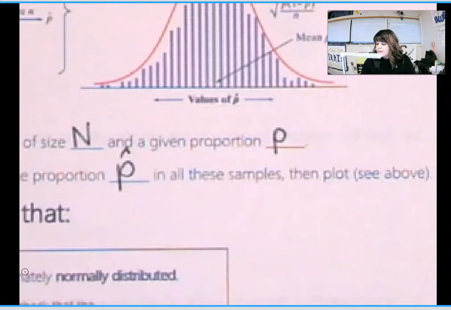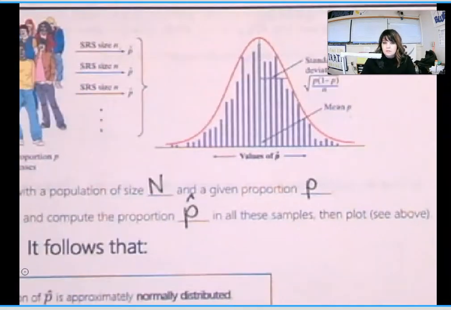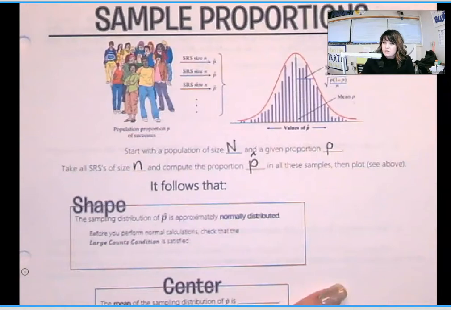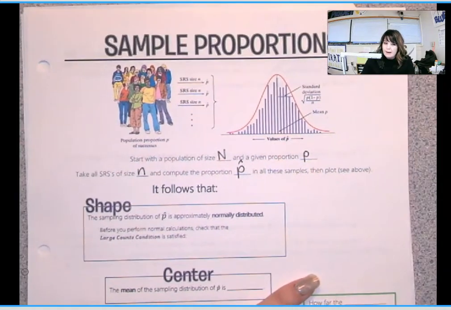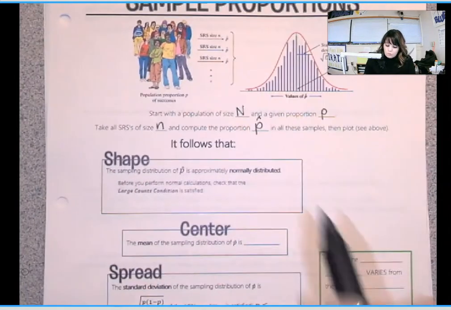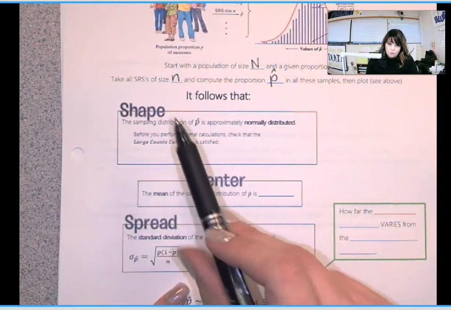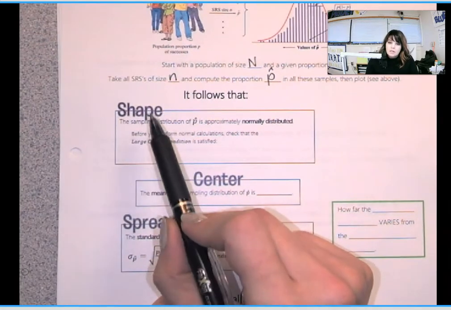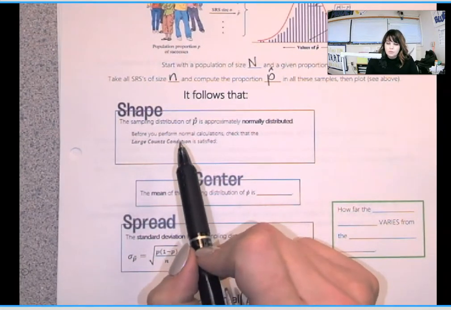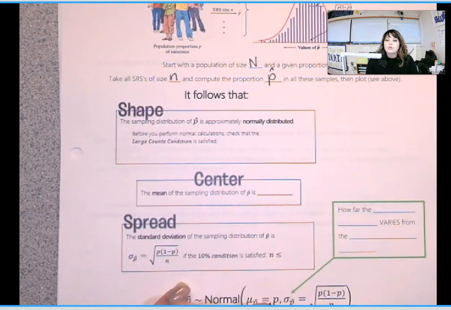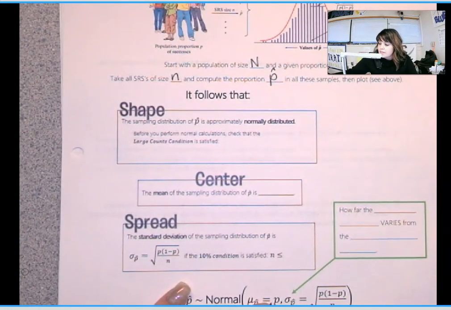So how does that happen? Because it doesn't happen every single time. So how does that happen? Well, we have some conditions. So the shape is normally distributed if you satisfy what is called the large counts condition.